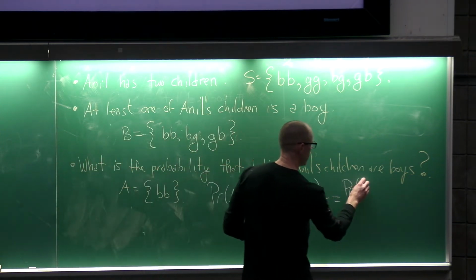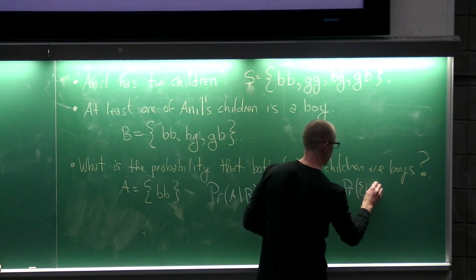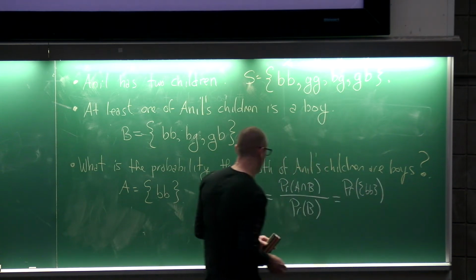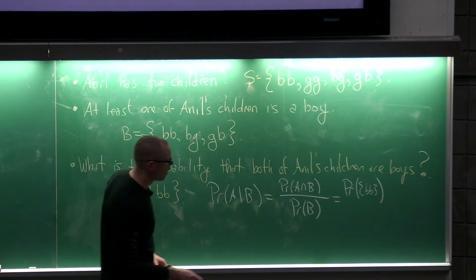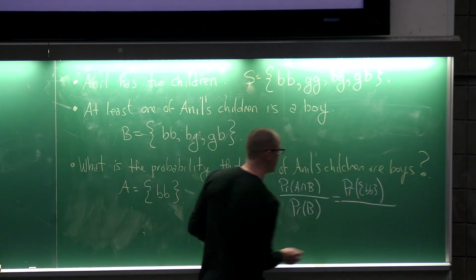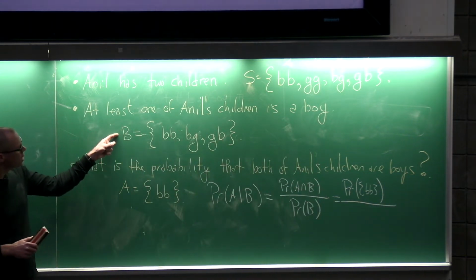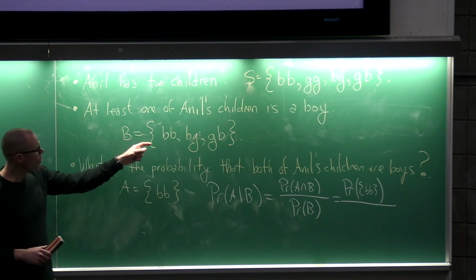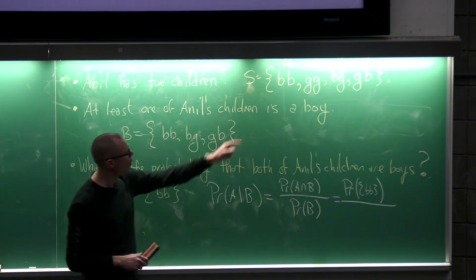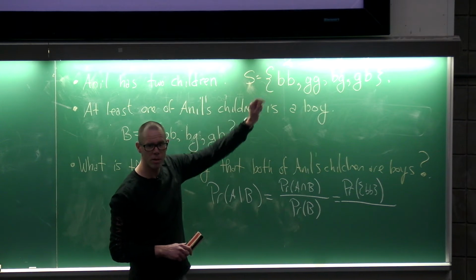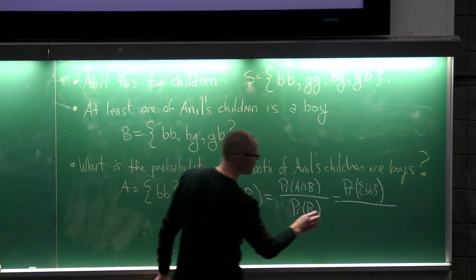That's this thing. And you divide that by the probability of B. B is this thing. So this is 3 elements out of the 4 equally likely elements. So the probability of B is 3/4.